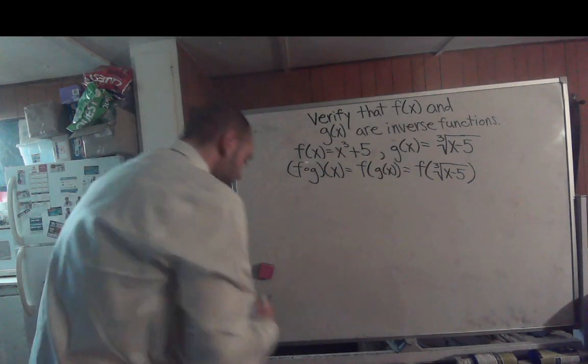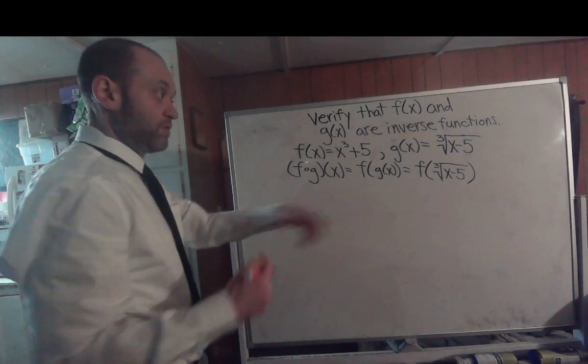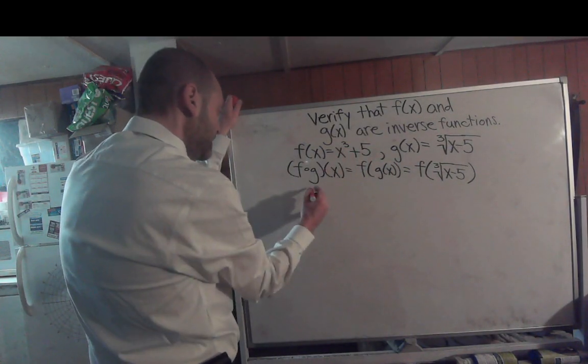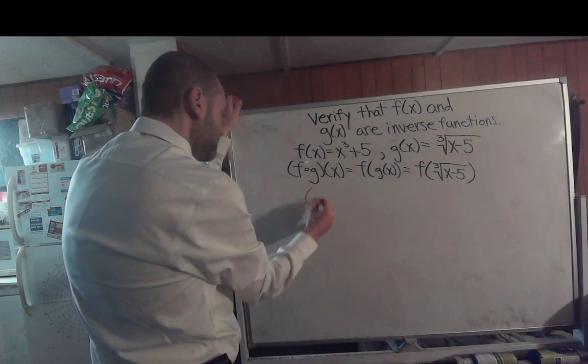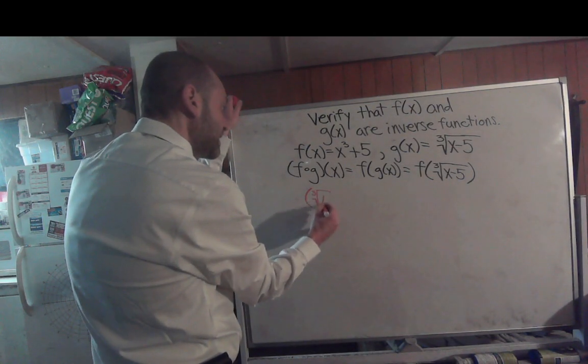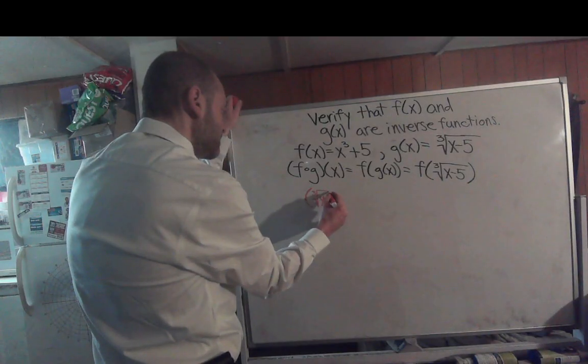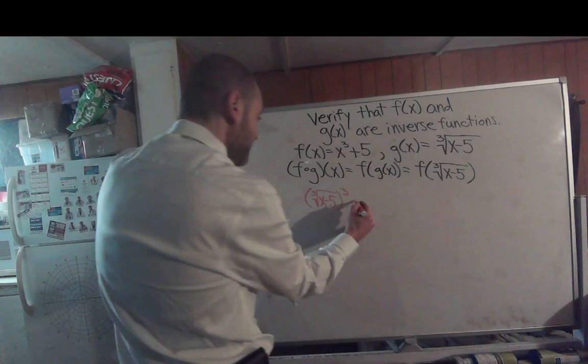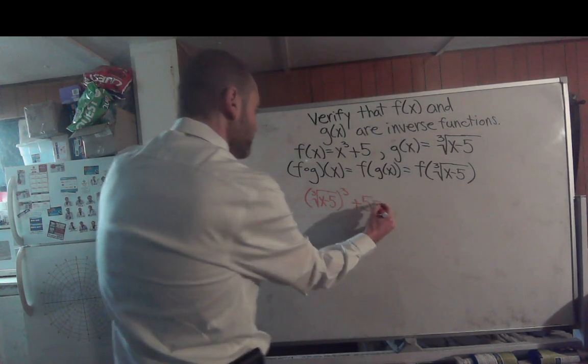So let's go ahead and do that now. F of that cube root of x minus 5. So I'll put in that cube root of x minus 5 for that x. So that'll be the cube root of x minus 5 raised to the third power plus 5. Well, the root cancels out.